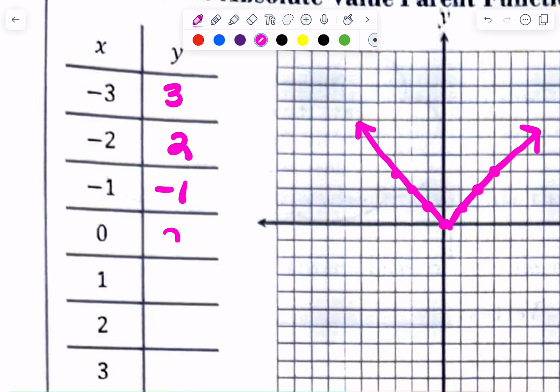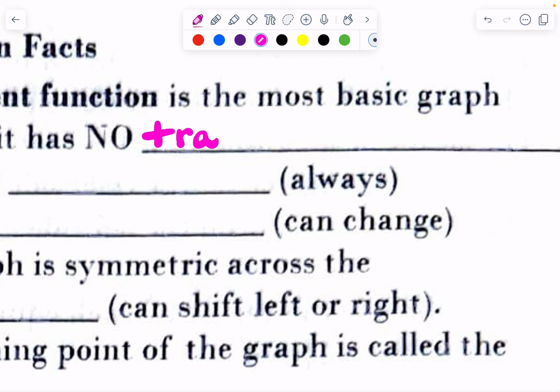The parent function is the most basic graph because it has no transformations. We're starting at the origin, no transformations. Okay, let me make that a little bit smaller for you guys to see a little bit easier.